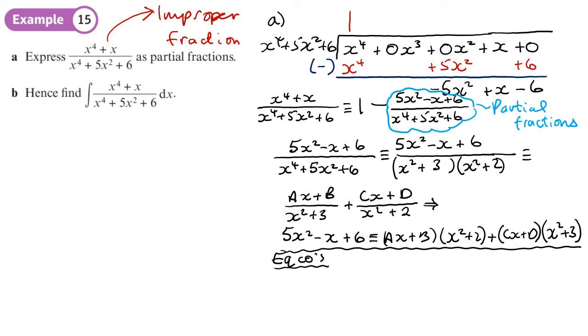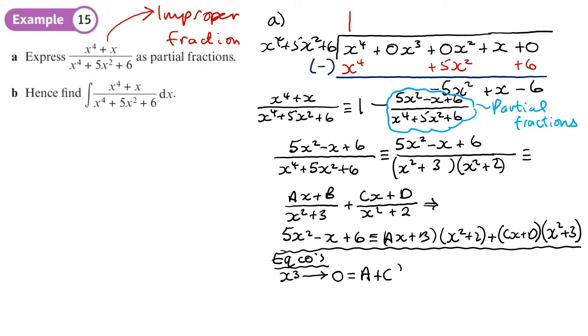Right, so let me go through all the powers. Let's start with x to the power 4. Right, actually no, the biggest one's going to be x cubed, isn't it? So on the left hand side the coefficient's going to be 0. On the right hand side the coefficients of x cubed are going to be a and c.